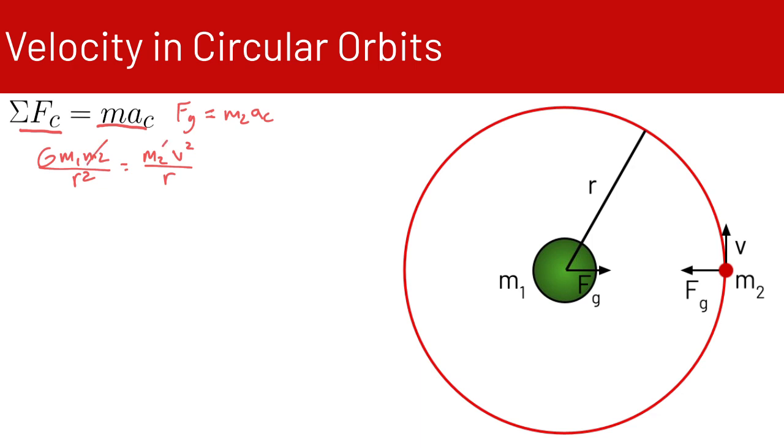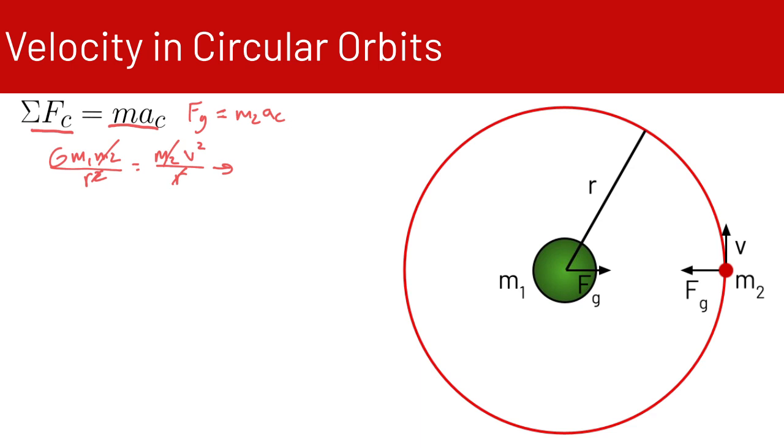So our mass m2 cancels, and one of the r's cancels. If we're solving for the velocity of circular orbits, we end up with the square root of G times m1 over r.